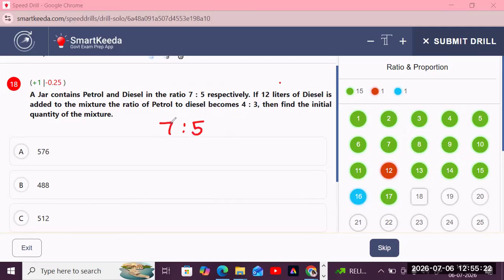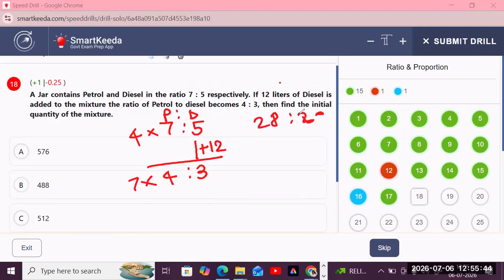If 12 liters of diesel is added to the mixture, the ratio of petrol and diesel becomes the same. One part is 12 liters. Find the initial quantity of the mixture.